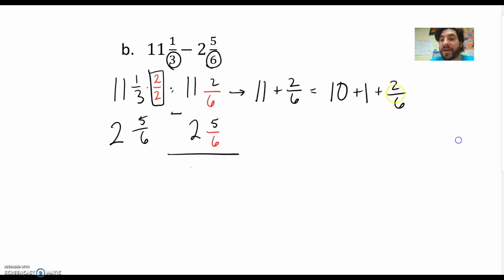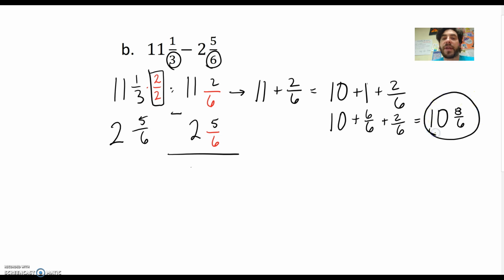Remember, I didn't have enough 6ths, so I wanted to borrow from the wholes I had, and this 1 I'm going to make into 6/6. So it's 10 plus 6/6, and then I can add that to 2/6. So that is equivalent to 10 and 8/6. So now I have enough 6ths.